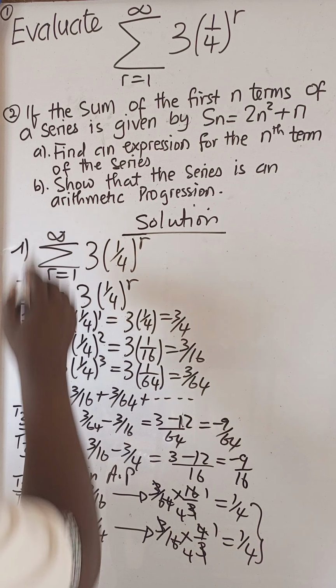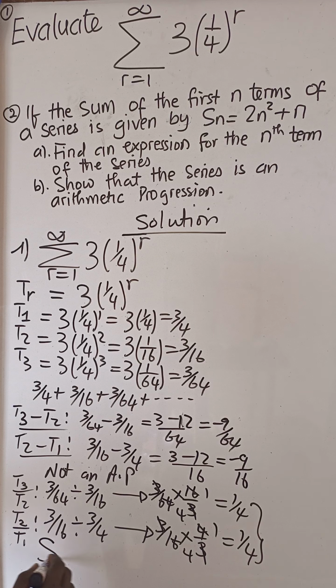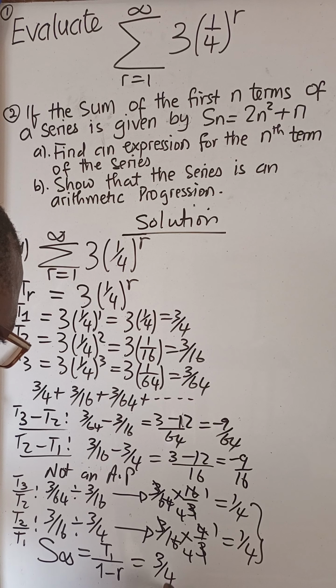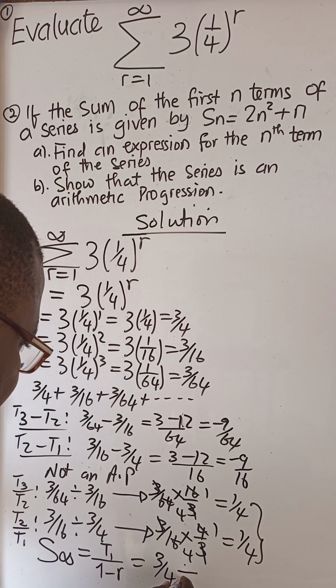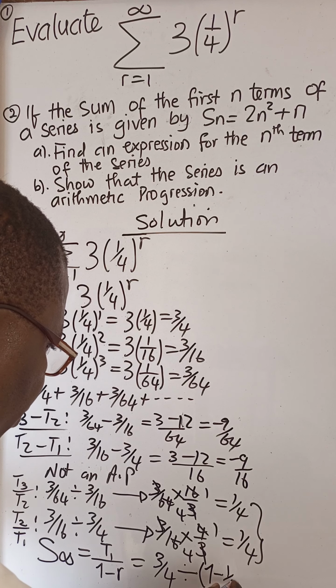Now, summing to infinity of a geometric progression is usually written as S infinity, and it has a formula. It is T1 over 1 minus the common ratio. So that sum now becomes, our T1 is 3 quarters, so we have 3/4 divided by 1 minus our common ratio.